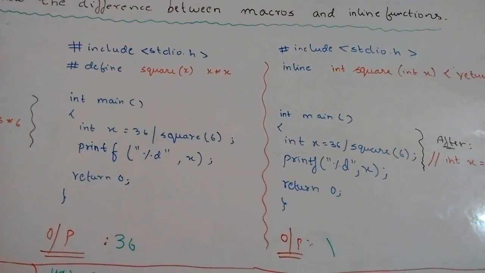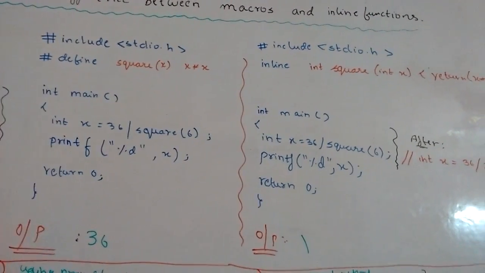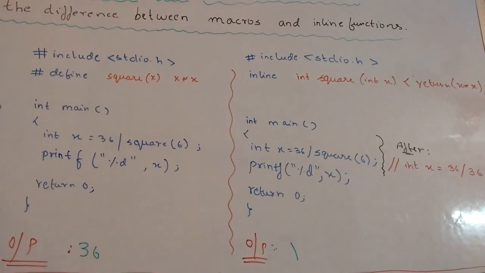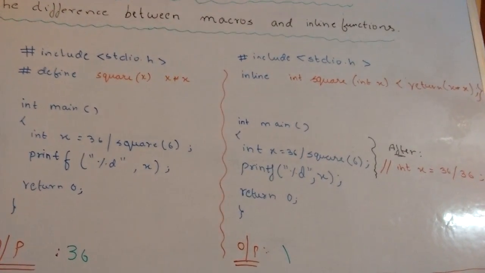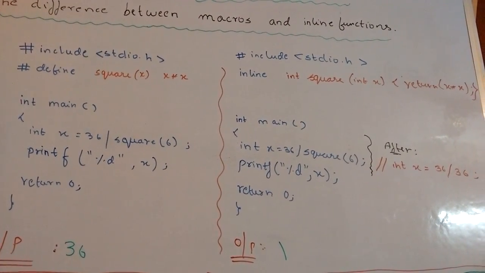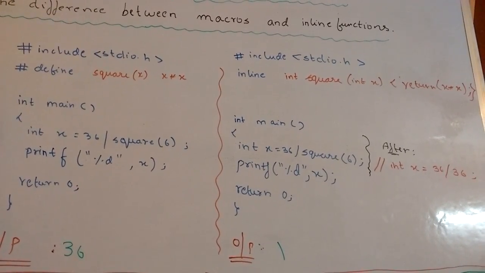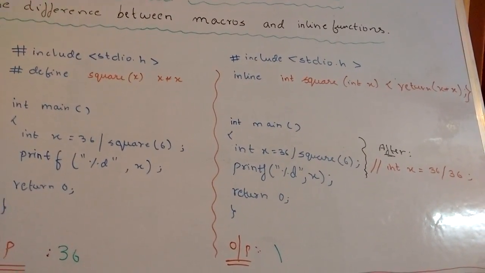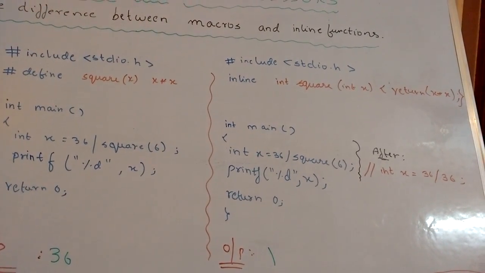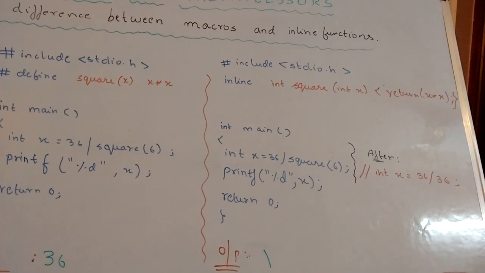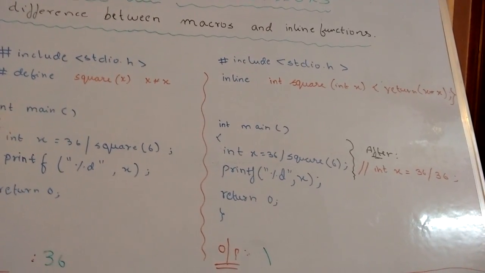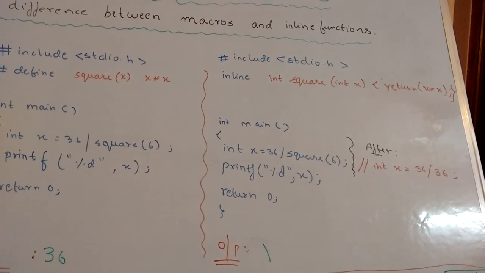Now let me write the same code using inline functions. As usual, I begin my program by saying hash include stdio.h, and then I create an inline function called square, which takes x as the parameter, and its return type is int.